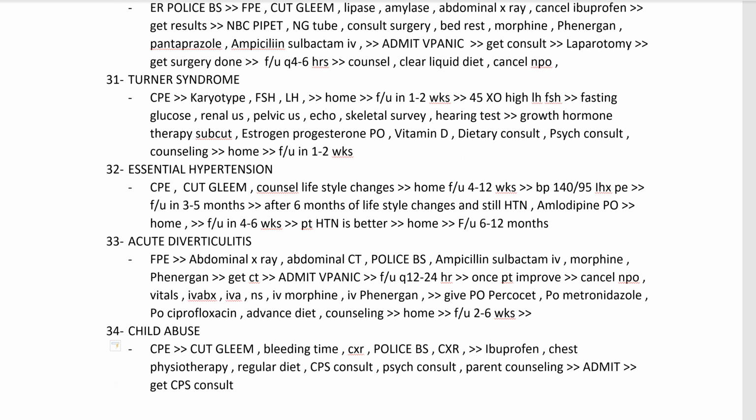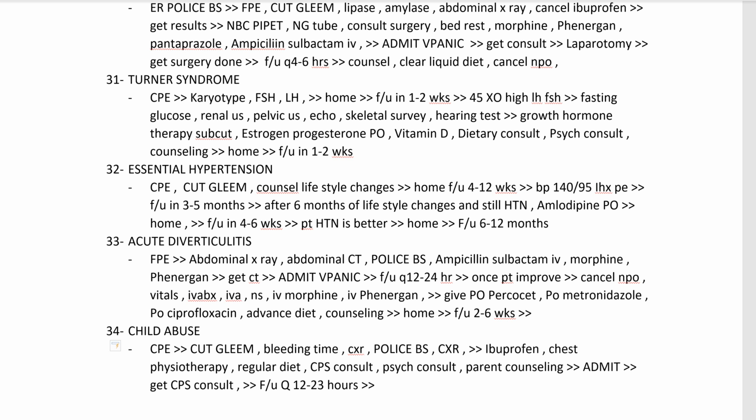Yeah, we did them, and then we admitted him, and then we wait for the CPS consult. Then you keep him inpatient, get the consult recommendation, and do follow up every 12 to 24 hours. So this is for a child abuse case.